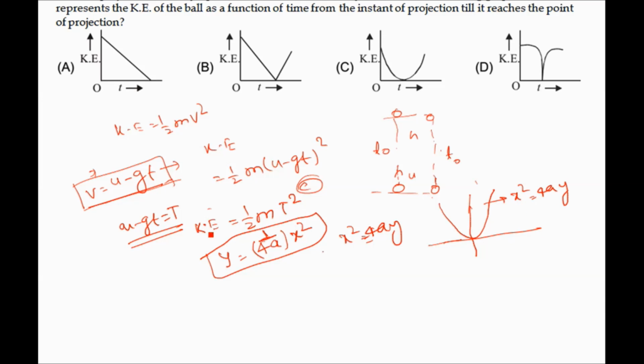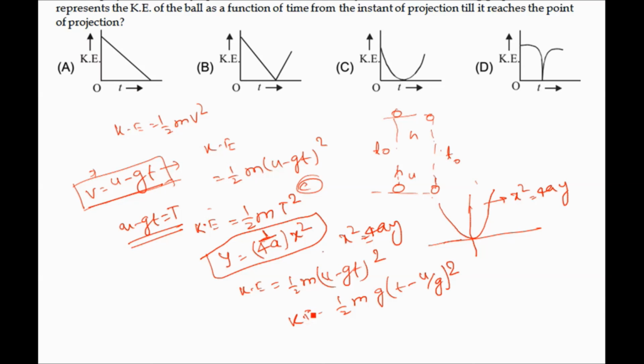Now if you see this problem again, kinetic energy is equal to 1 by 2 m into u minus gt whole square. Just take g common from this, then we may write it in the form of t minus u by g whole square.